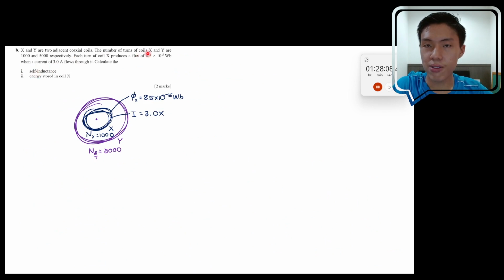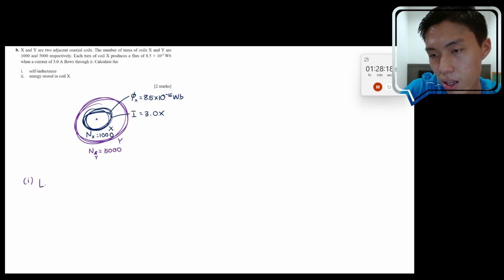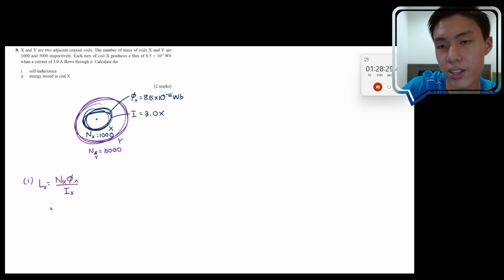Self-inductance, again, they give you the flux, they give you the current, but they don't give you the area and everything, right? So you have to stick to the general equation, and the general equation will be Lx, in this case, equals Nx phi x divided by Ix. Everything has to be on the same coil because you're calculating self-inductance.